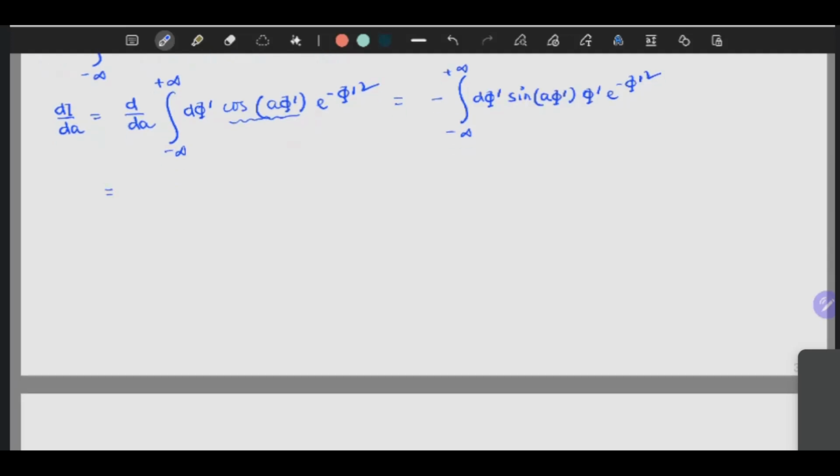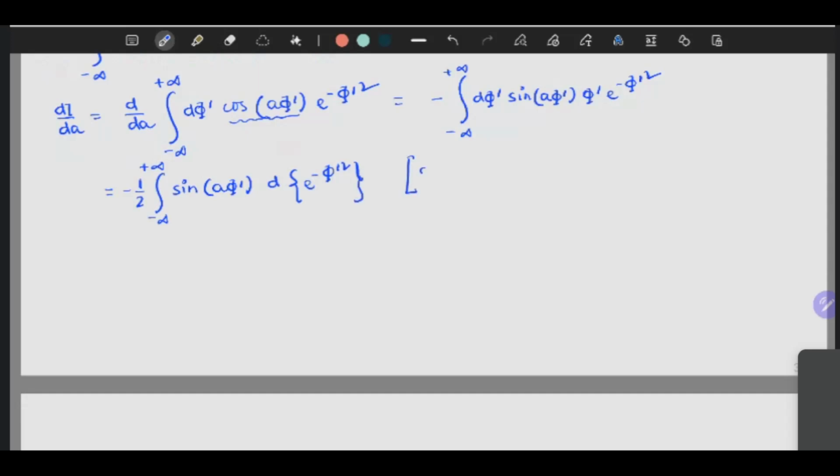Then we can write this term as minus half, integral from minus infinity to plus infinity of sine of a phi prime d of e to the power minus phi prime square.